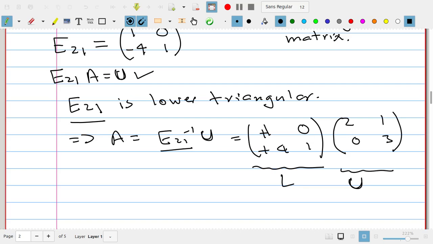Okay, so now what we can do is try this with a more complicated example. Let's try a 3x3 matrix.